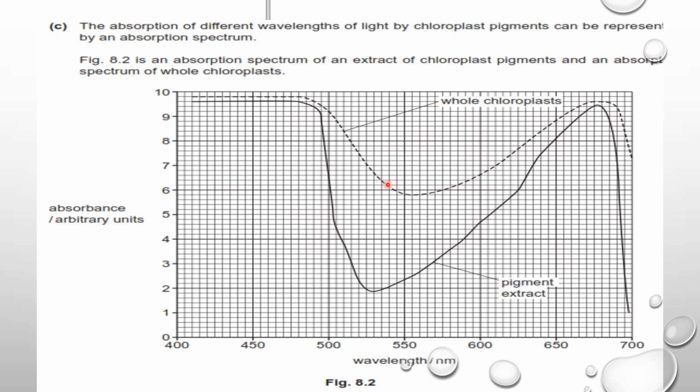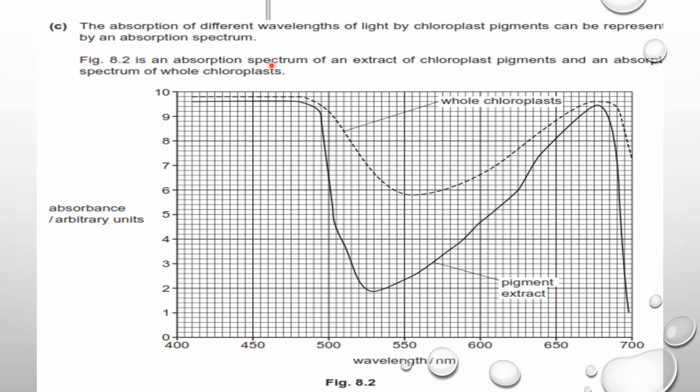Then I'll choose a particular feature of this graph. Choose this and this. This has low absorbance at this particular wavelength. I mention other wavelengths and then mention their absorbance to show that whole chloroplast has higher absorbance than pigment extract, guys.